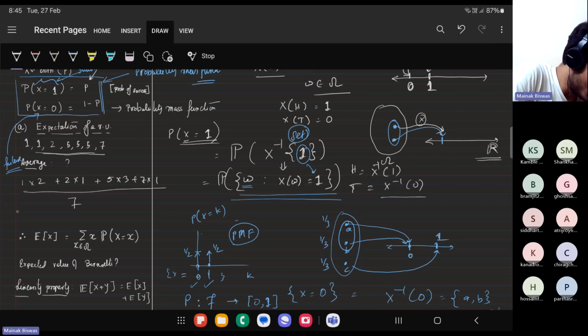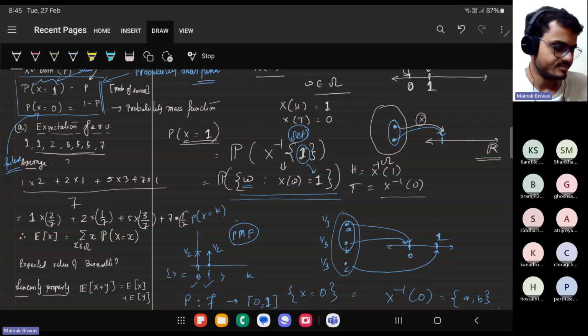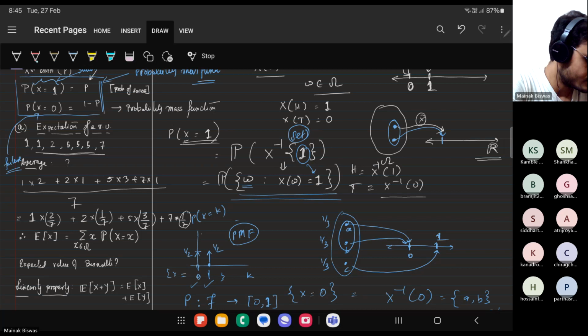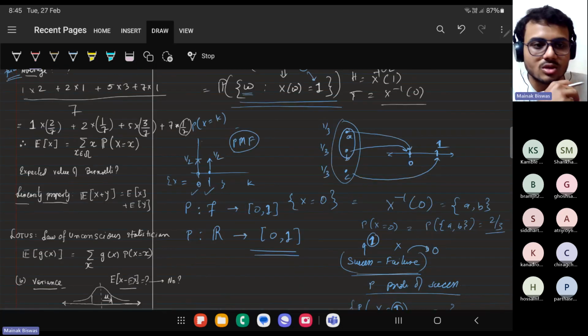Average of all the values. Do you agree this is equivalent to writing 1 into 2 by 7 plus 2 into 1 by 7 plus 5 into 3 by 7 plus 7 into 1 by 7? Now this is equivalent to, as O3 was telling me, a probability mass function.